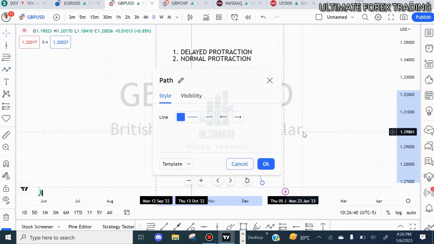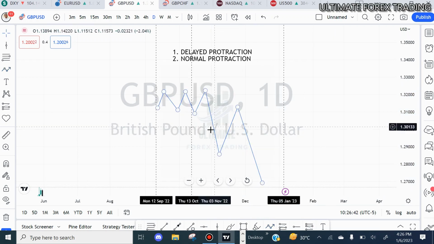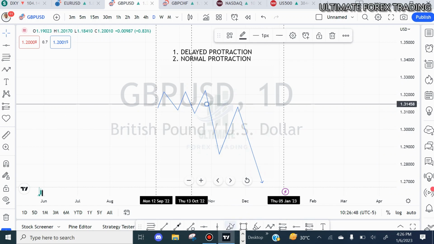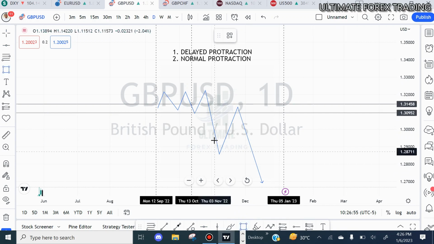According to ICT, when this delayed protraction occurs, you will now take the distribution from the point of the accumulation, which will now be the manipulation. Right?